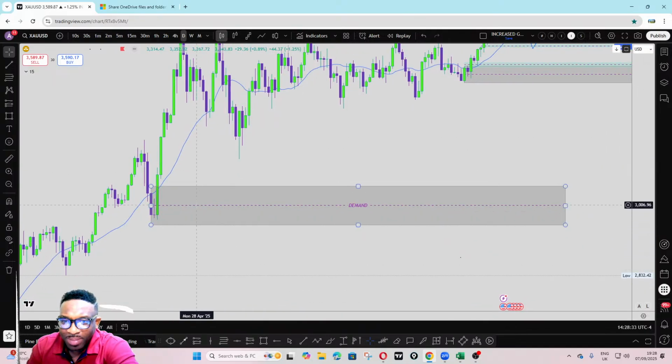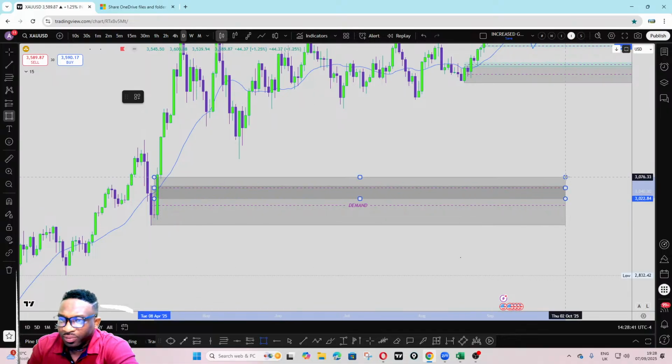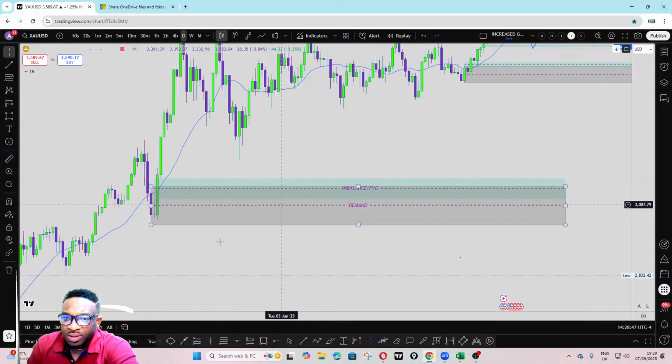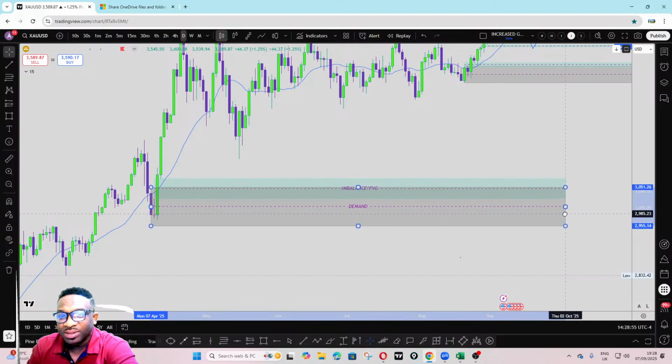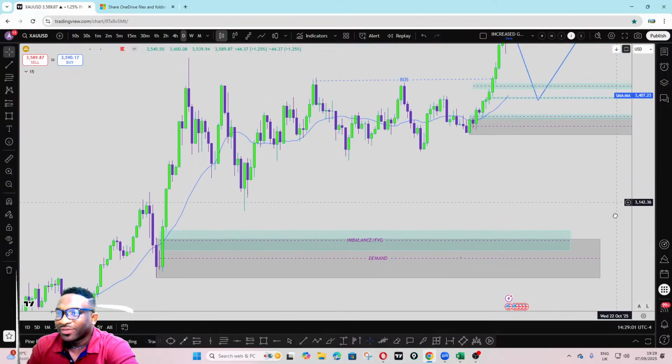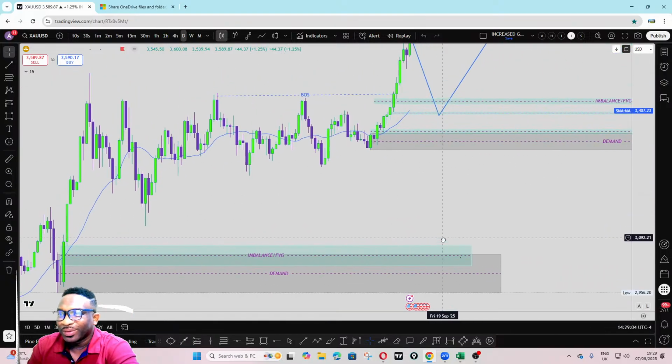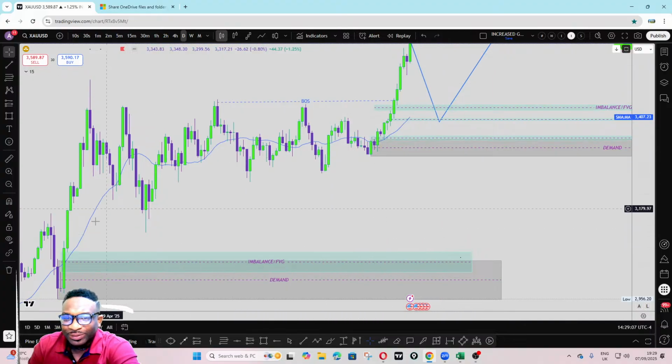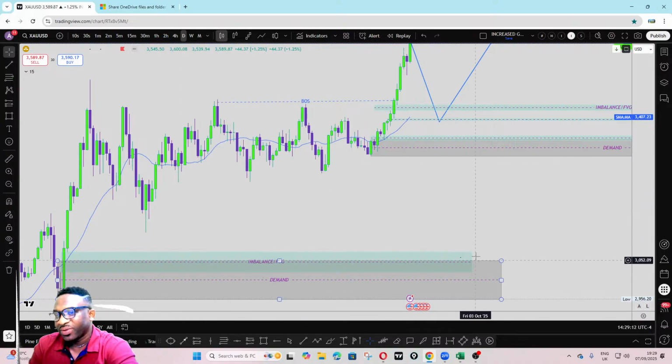Attached to this demand zone, we also have some imbalance right here that is confluencing with our demand area as well. So this is on the daily time frame. We have this pending area that hasn't been mitigated yet, or that hasn't been tapped into yet. So there's a high chance that price, after sweeping the liquidity right here, could begin to come back to take out the liquidity resting in these areas as well.